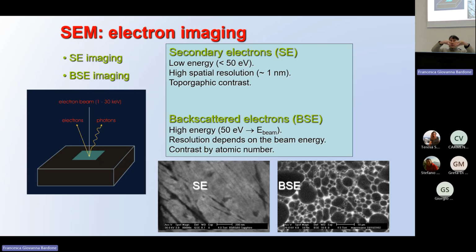Because if this is the surface of your body and you collect electrons with very low energy, if an electron with very low energy is produced in the middle of your sample, it has no energy to escape and to go out. Only those produced at the surface have the energy to escape.